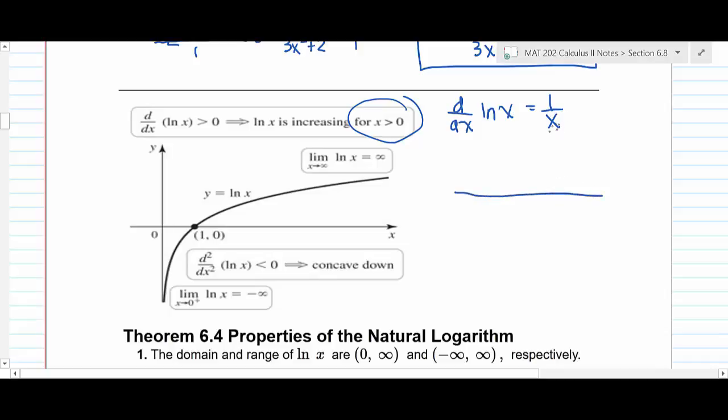Now x can't be 0, so you'd have 0 there. If you plugged in any positive number into x, like 2, you'd have 1 over 2, a positive. That means the function has to be always increasing, because the derivative's always positive since x is always positive. Okay, that would be the idea.